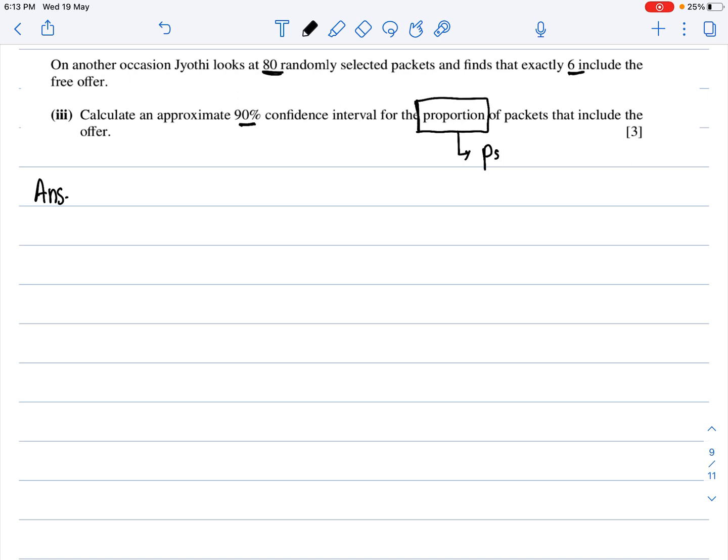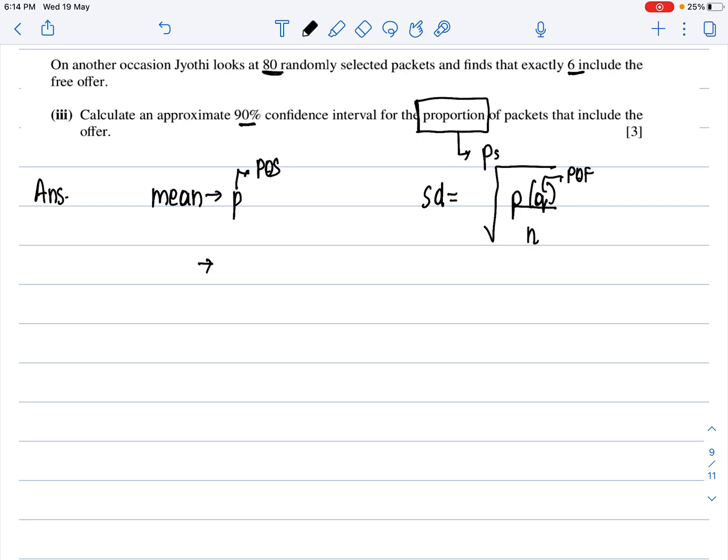The mean is basically the probability of success, and the standard deviation is the square root of p into q, which is 1 minus p, because q is the probability of failure and p is the probability of success, over n.